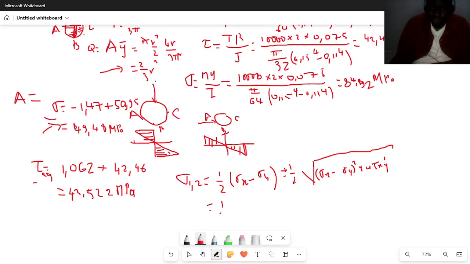So here you will have half of 49.48 plus minus half root of rho x 49.48 minus rho y, which doesn't exist, so it's 49.58 squared plus 4 rho xy, that 43,522, you do it squared.